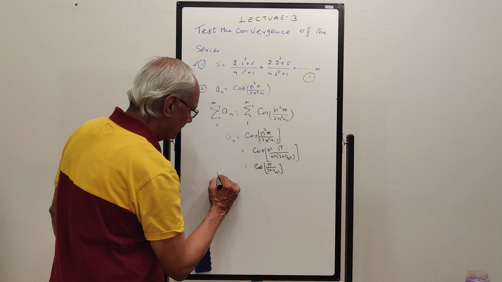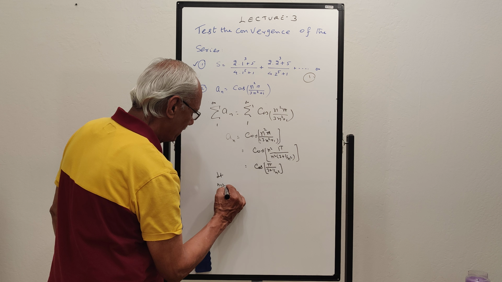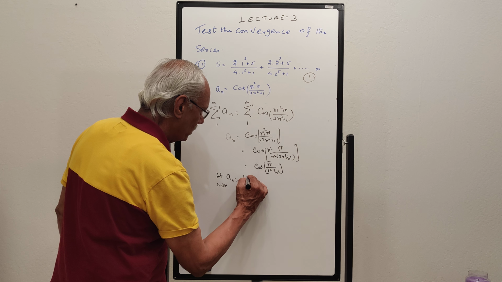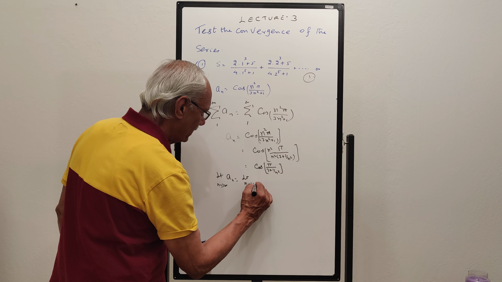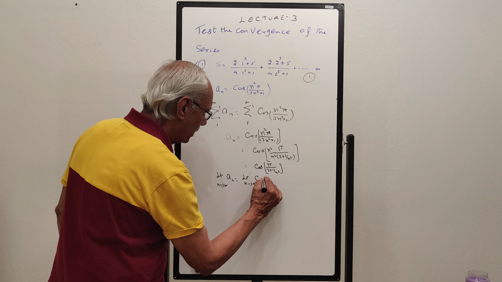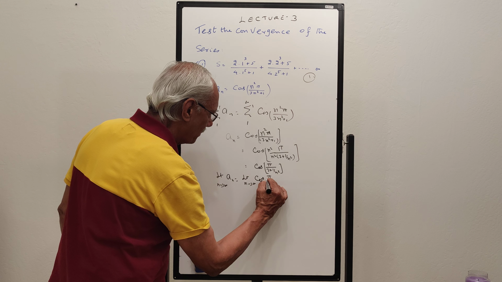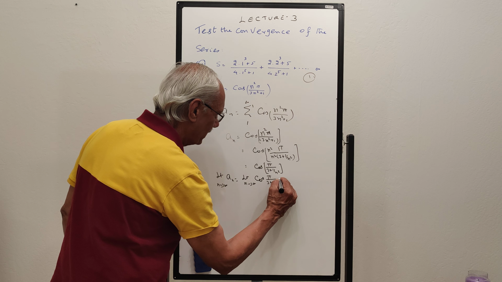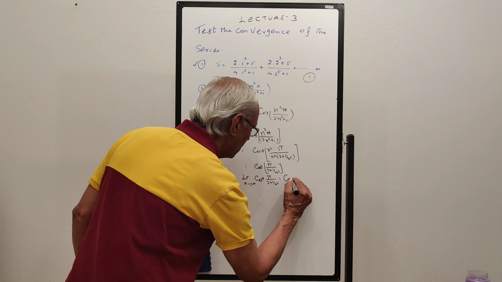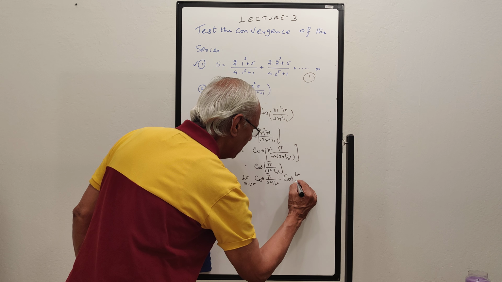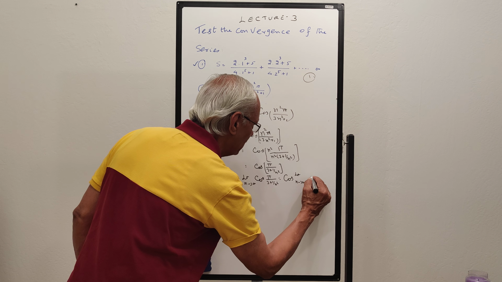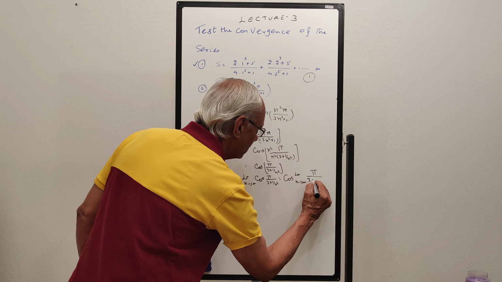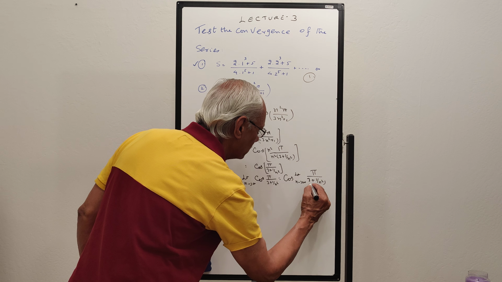Now you take the limit as n tending to infinity. The limit of an will be equal to the limit of n tending to infinity of cos of pi divided by 3 plus 1 by n square, which is equal to cos of the limit as n tends to infinity of pi divided by 3 plus 1 by n square.